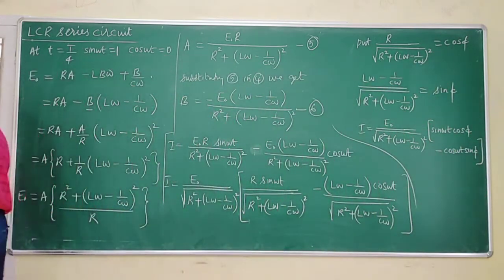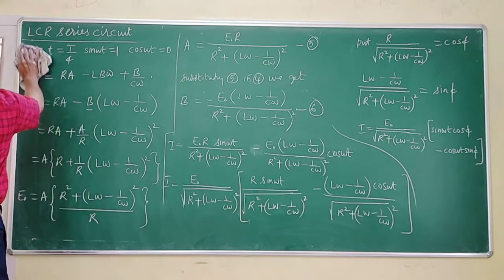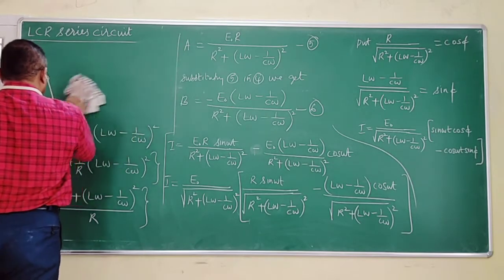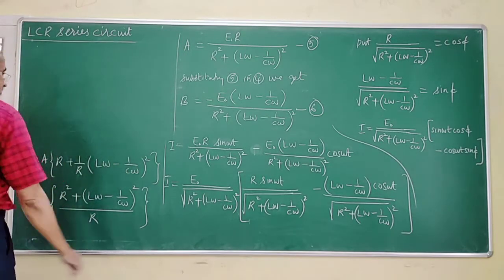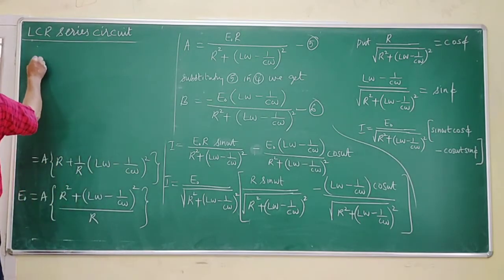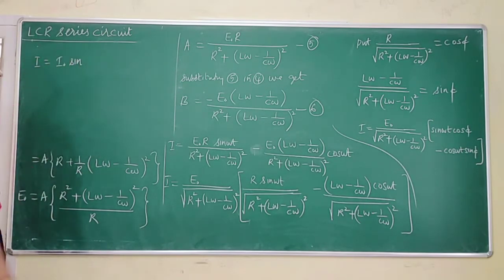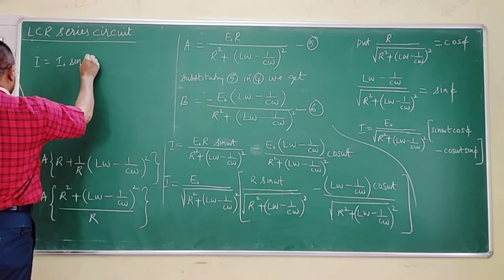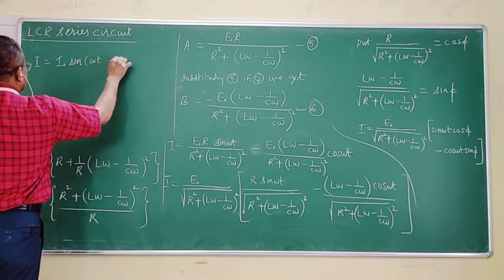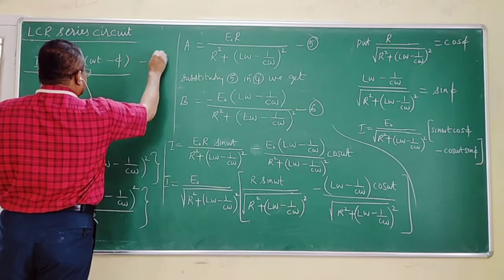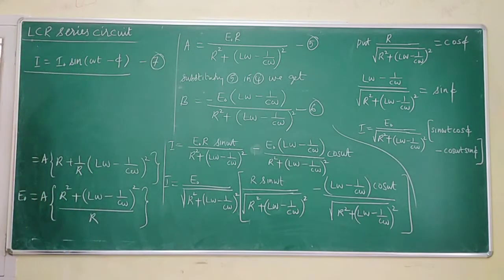Therefore, I will rub this so that the equation for I will become I naught sin omega t minus phi. This is equation 7 for me, sir.